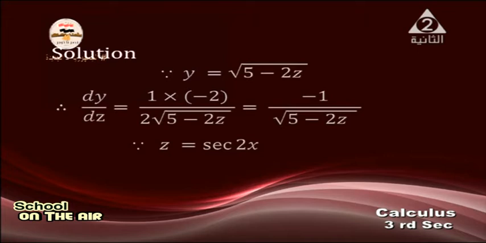Now we have z equals sec 2x. Then dz/dx equals the derivative of sec 2x, which equals 2 times sec 2x tan 2x.